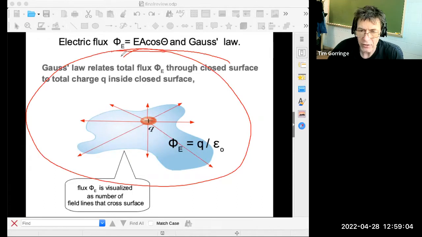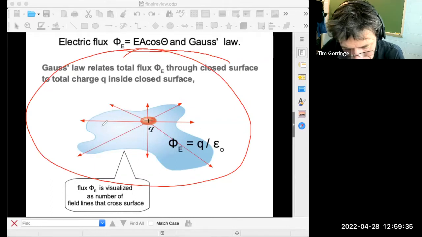The flux through a closed surface is equal to the charge inside the closed surface divided by epsilon naught, that electric permittivity, that constant of nature that goes along with the electrical interaction. And so if you want the flux through a closed surface, all you have to do is add up the charge inside the closed surface, or vice versa. If you knew the flux through the closed surface, it tells you how much charge is inside the closed surface.